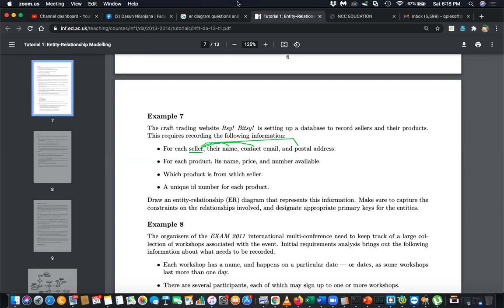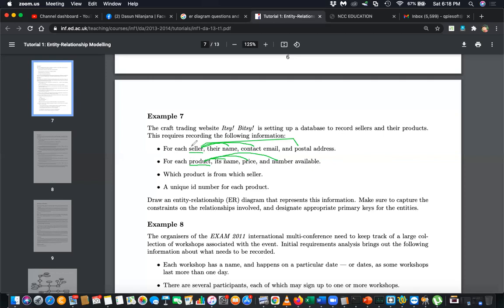In this paragraph, please read carefully. If a noun is further explained, that could be an entity. Most probably it will be an entity. And product is further explained using its name, its price, and the available quantity, a number available.